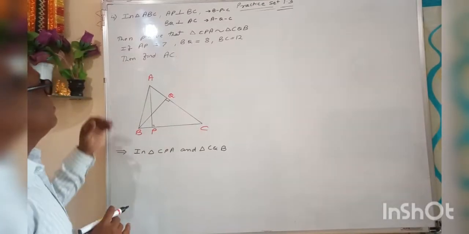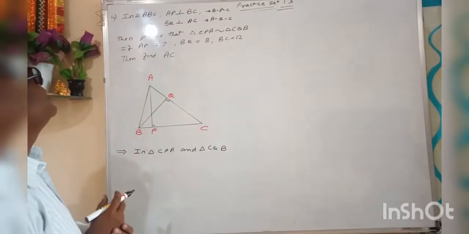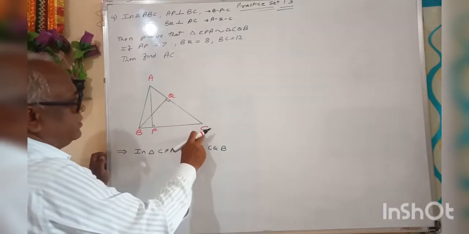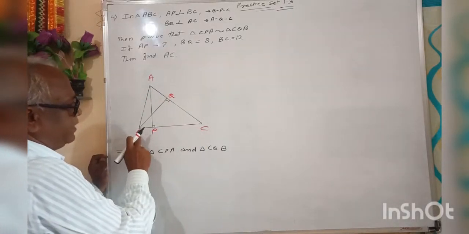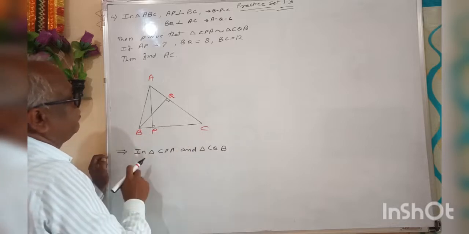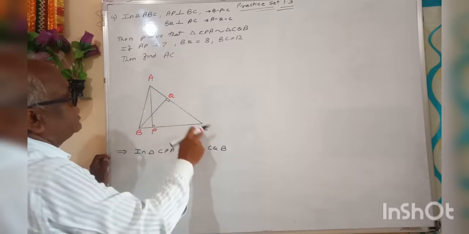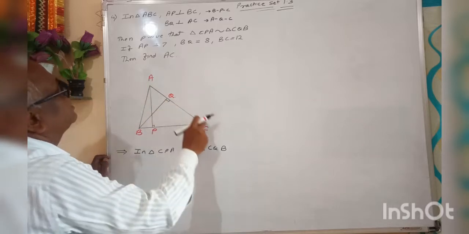Now, fourth example. In the triangle ABC, AP is perpendicular to BC, due to that we will get that angle APC is 90 degrees, and BQ is perpendicular to AC, due to this we will get that angle BQC is 90 degrees.